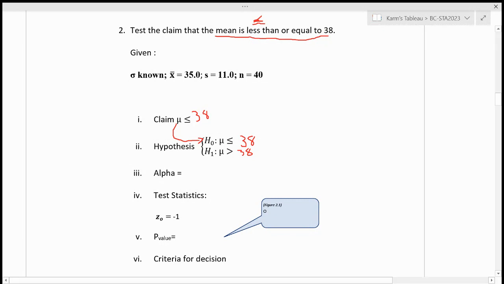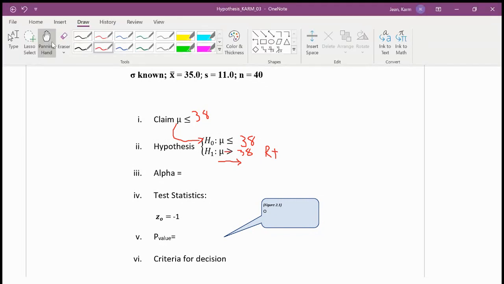It's going to be a right tail because the arrow is pointing to the right side. If you don't see the arrow, it's right there. See, it's pointing to the right side.